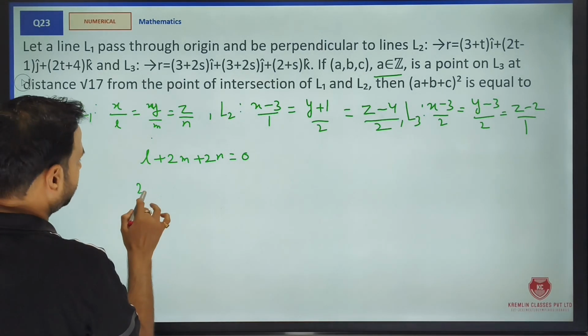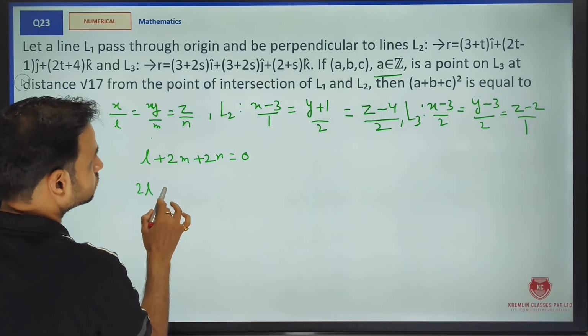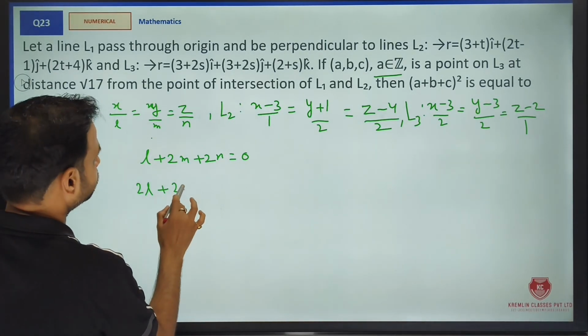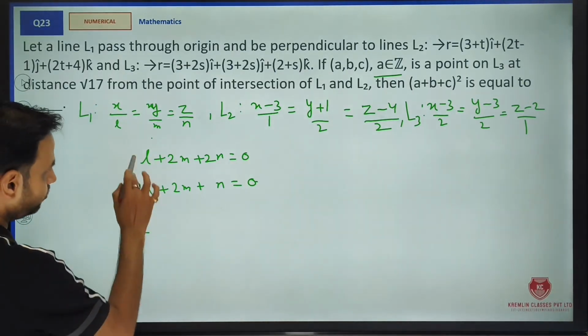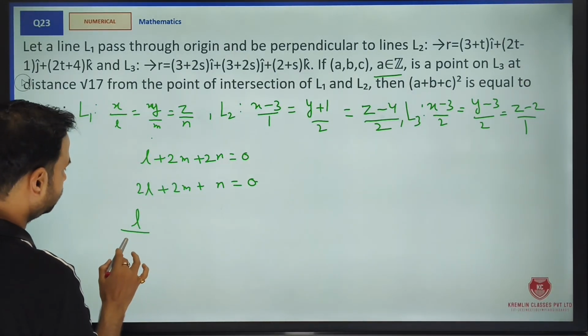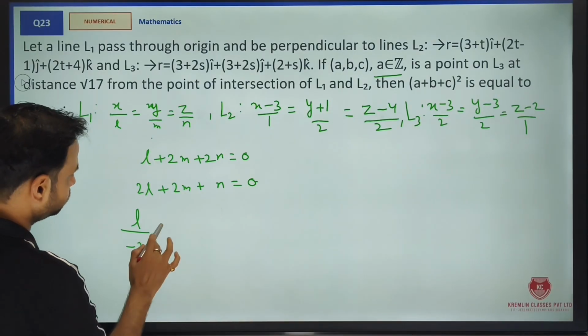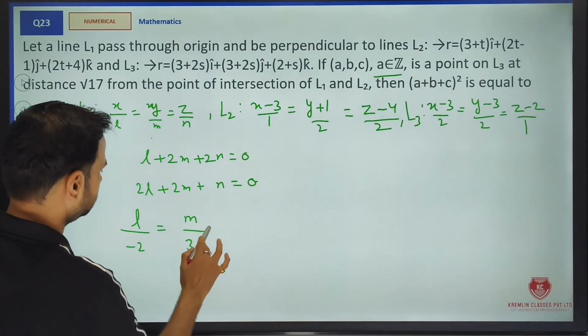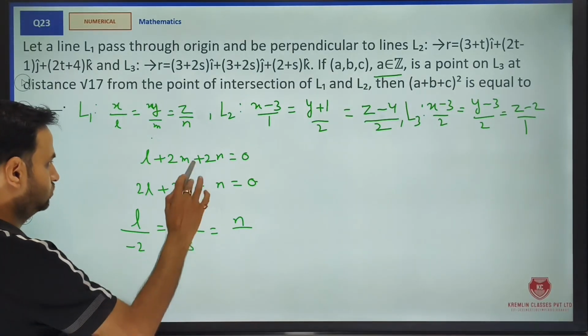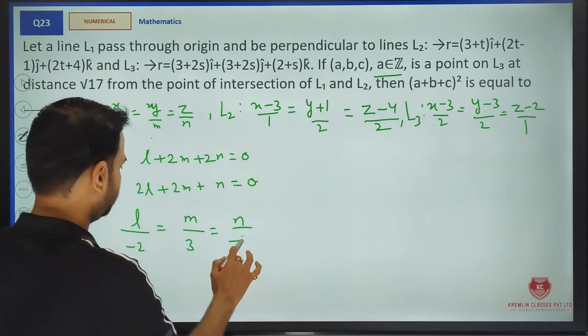Okay. So 2L plus 2m plus n equal to 0. So L upon (2 minus 4 minus 2), m upon (4 minus 1), n upon (2 minus 4 minus 2).